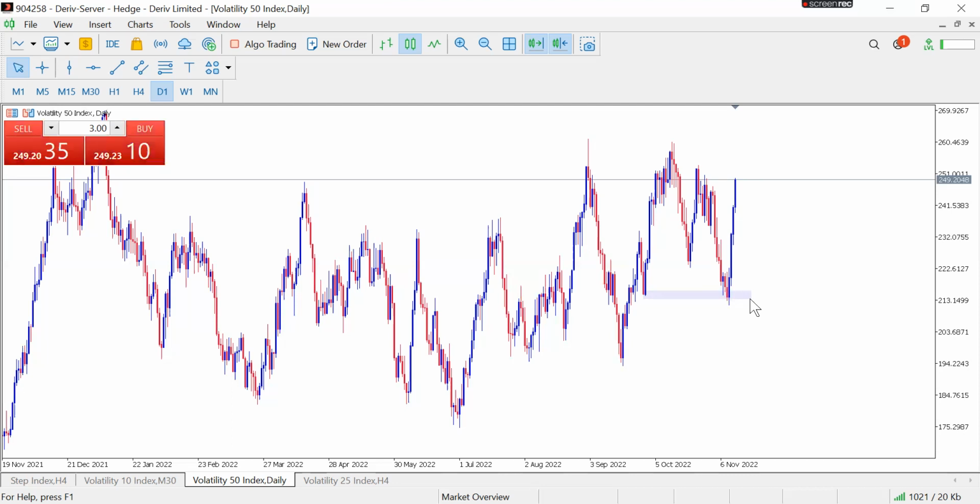If it's been identified on the higher time frame, it's more valid than a buy on a 5-minute or 30-minute time frame, because the higher the time frame, the longer that movement of the market is going to be sustained.